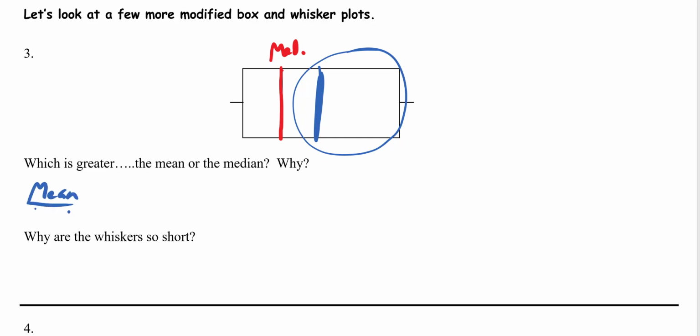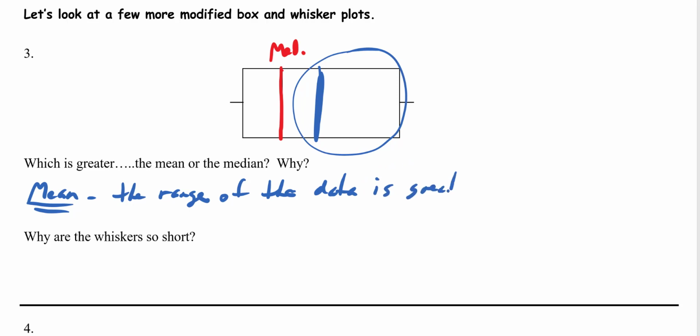The reason is the range of the data is greater above the median, and basically what that does is it pulls the mean higher.